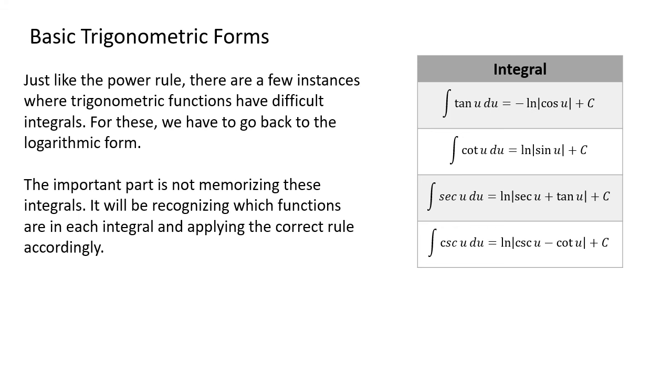If it's cotangent, it's the ln of sine of the function u. For the integral of secant, it's the ln of secant plus tangent. And for cosecant, it's the ln of cosecant minus cotangent u. All of them still involve the same function u, which is the consistent part between each of these.